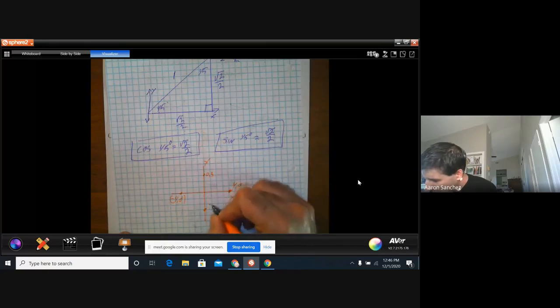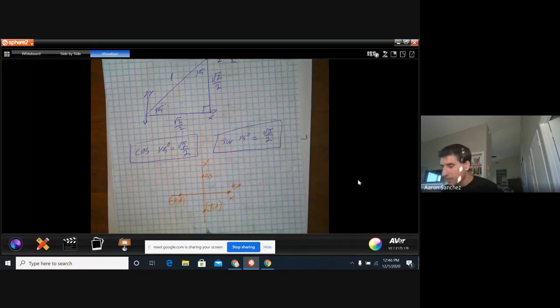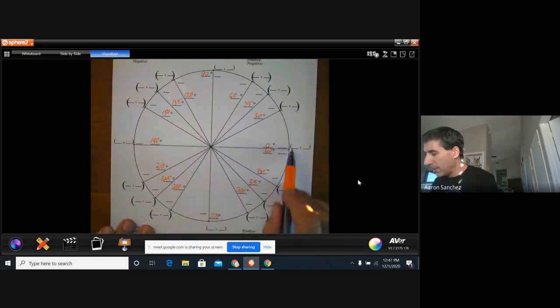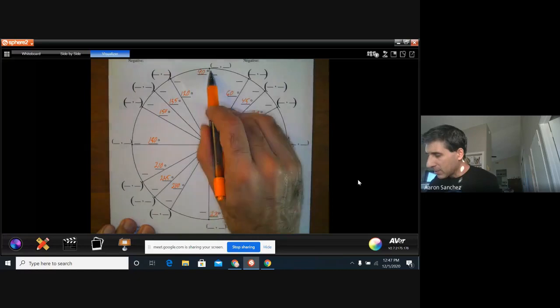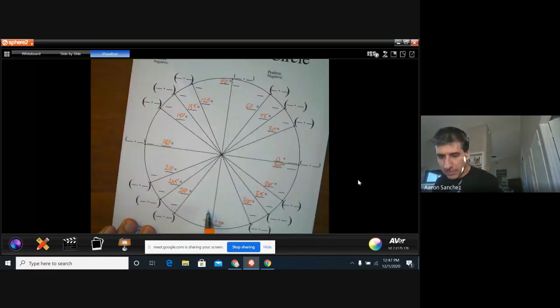This would be down -3 and X is 0, right? Notice how this direction's positive, this direction's negative X, this direction's positive Y, positive X, negative Y, right? So the same thing here. This will be my positive X, positive Y, negative X, negative Y.